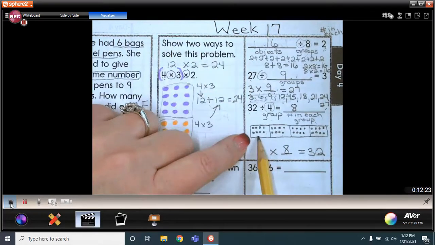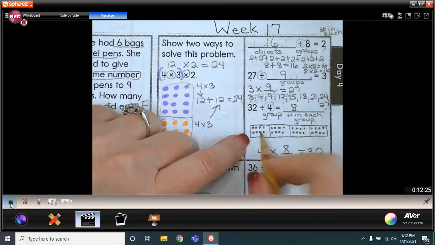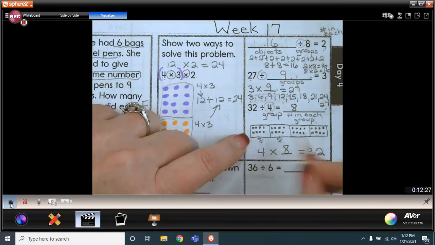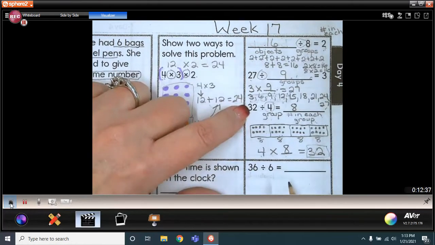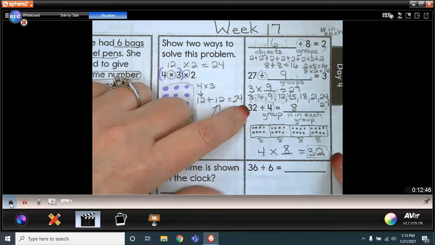So 8 plus 8 plus 8 plus 8 is your 4 groups of 8, and when you add these all back up, you're going to get that 32 that you started with here when you started sharing them equally. So check your division using multiplication.